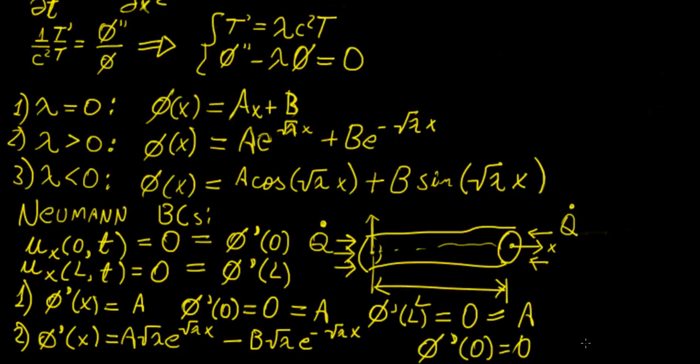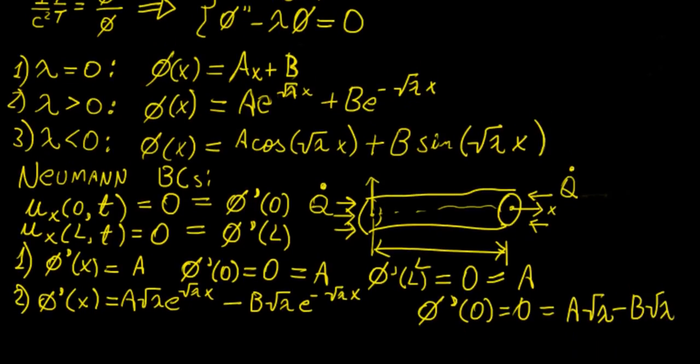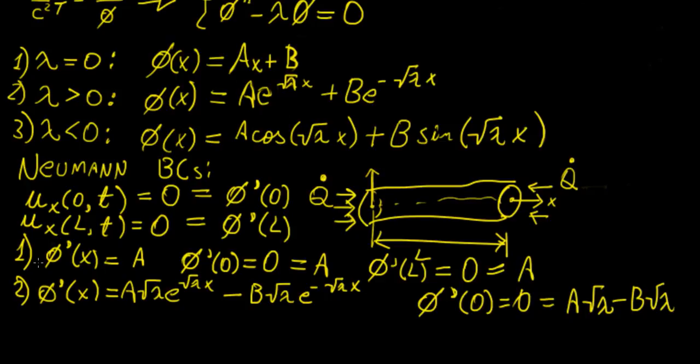So if we set this equal to 0, then we're going to have A square root of lambda minus B square root of lambda. Because we know that the eigenvalue is not going to be 0, according to the first case which we just discarded, lambda cannot be 0.